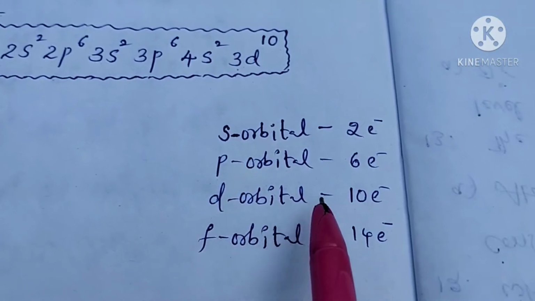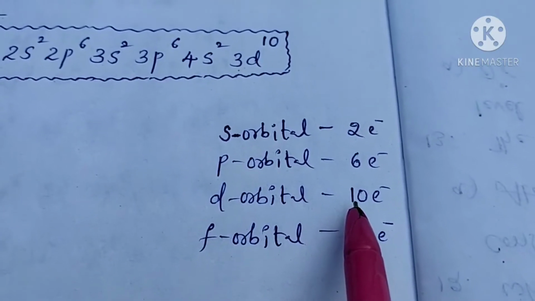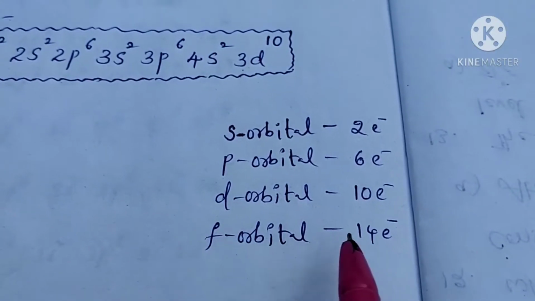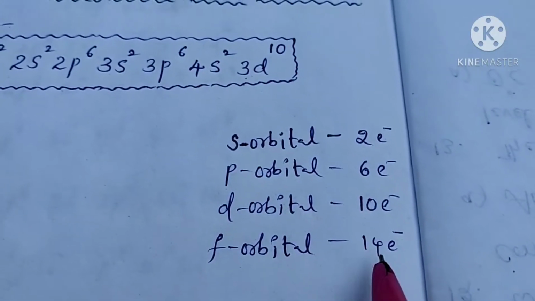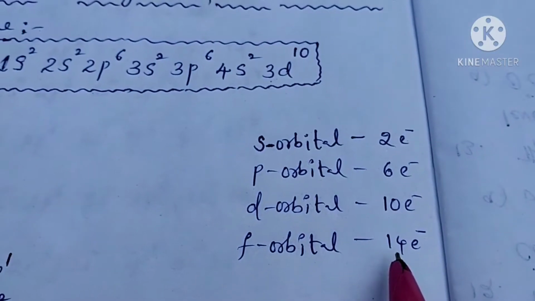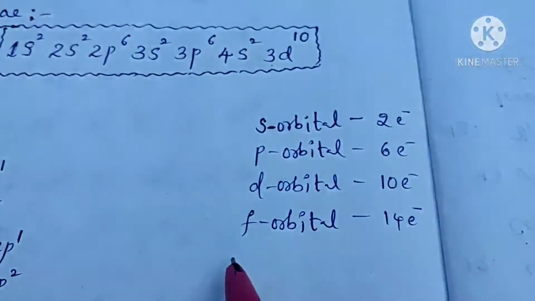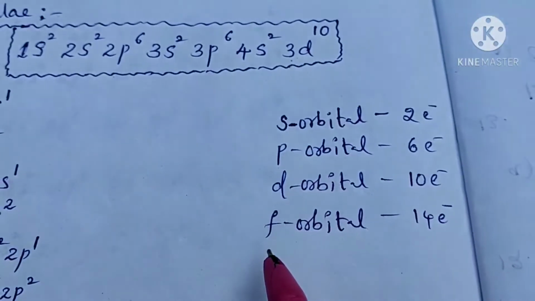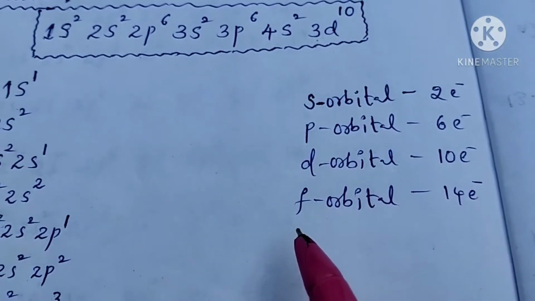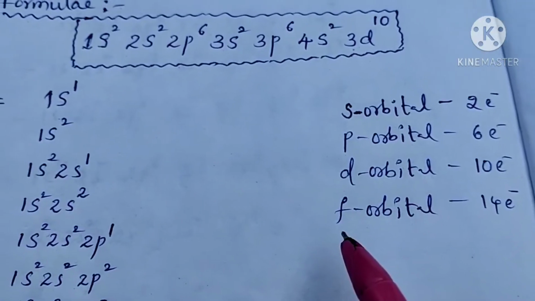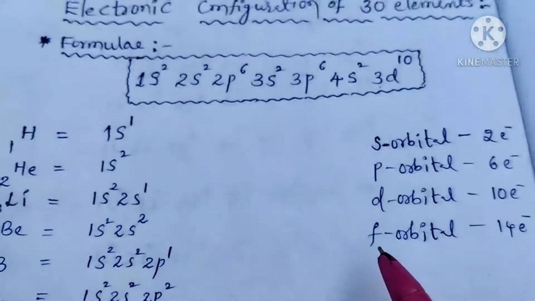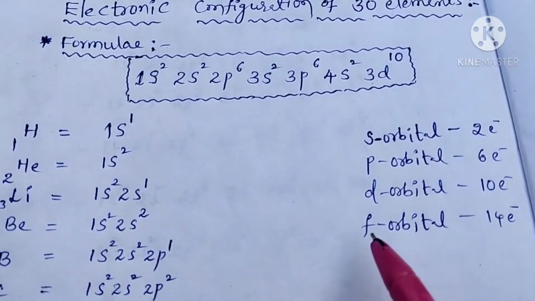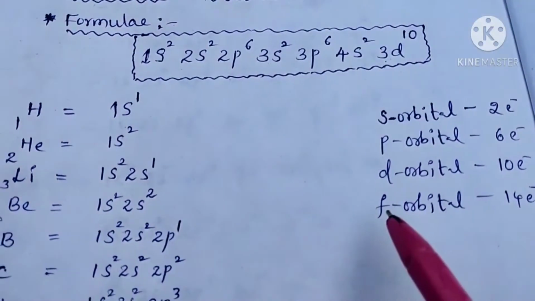D orbital can accommodate a maximum of 10 electrons. And finally, F orbital can accommodate a maximum of 14 electrons. This is the number used to fill the electrons in each and every subshell like S, P, D, and F. Okay, let's start with the first element, that is hydrogen.